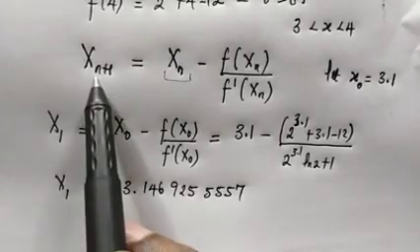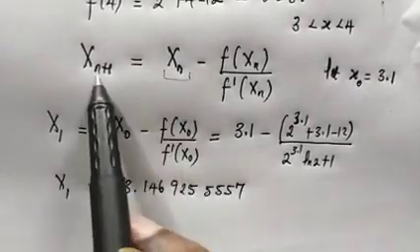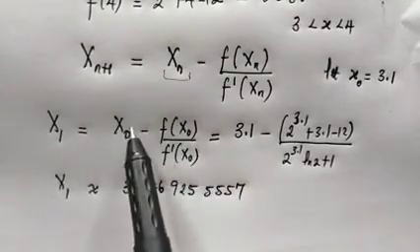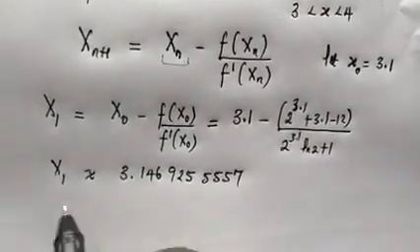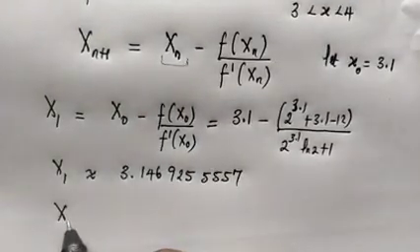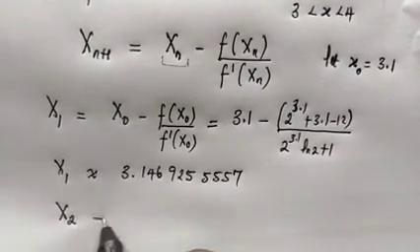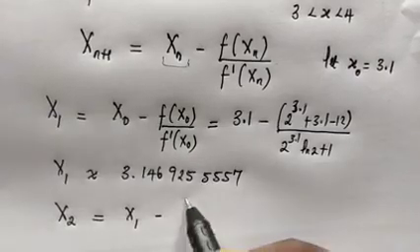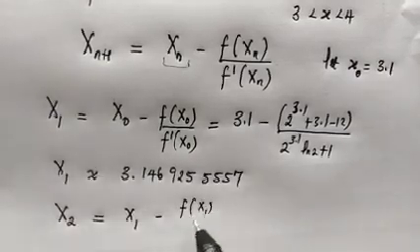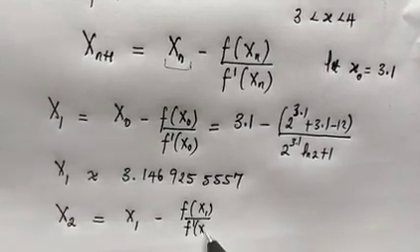Then here, we're going to let n equals 1. So that will give us x sub 1 here. So at the left hand side here, we're going to have x sub 1 plus 1, which is 2. This is giving us x sub 1 minus f of x sub 1 divided by f prime of x sub 1.